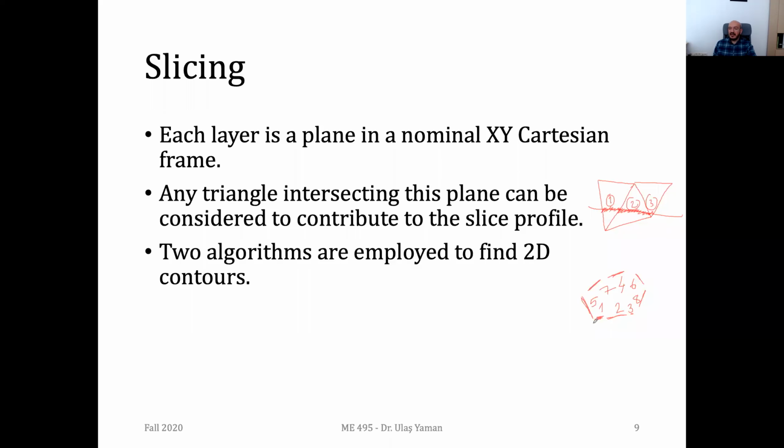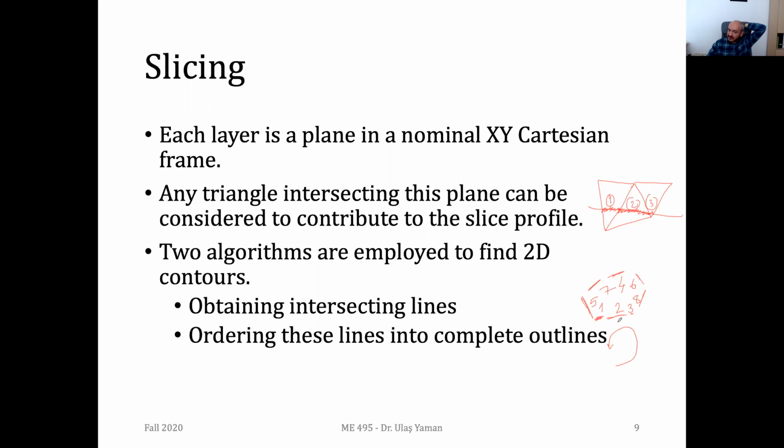So that's why after you obtain all these line segments, we need to find a proper way to join all these segments in a, let's say, counterclockwise manner. So that will be the second part of the algorithm. We should first find the intersecting lines and then order these lines into a complete outline.